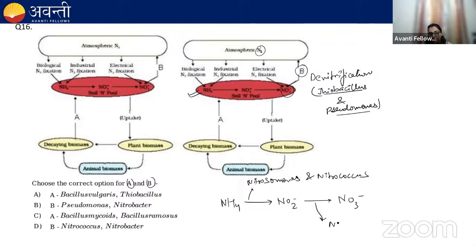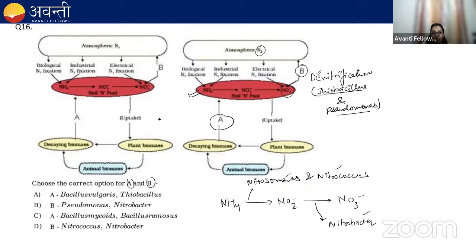Here the bacterium involved is Nitrobacter. These Nitrobacter, Nitrosomonas and Nitrococcus are chemoautotrophs because they use inorganic substrates as the source of energy, which are ammonia, nitrite and nitrate. Remember this. The bacteria involved in denitrification are Thiobacillus and Pseudomonas. Remember the names of the bacteria.